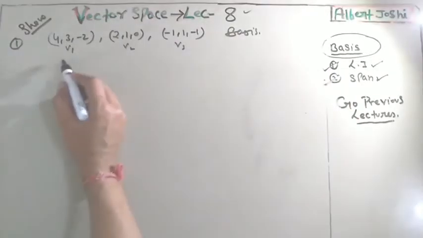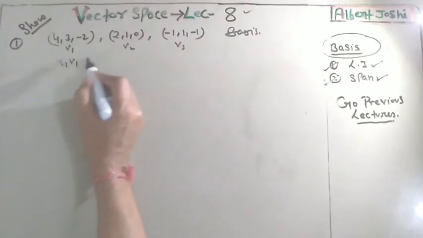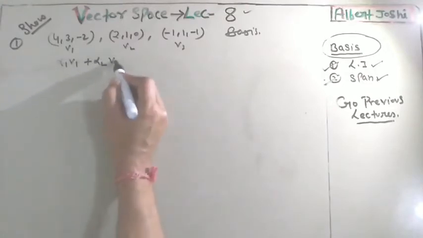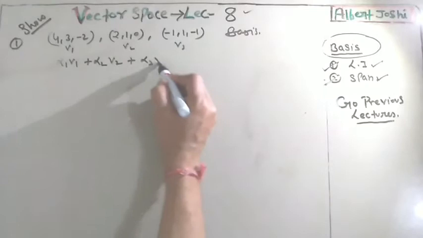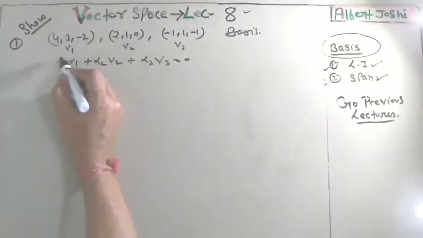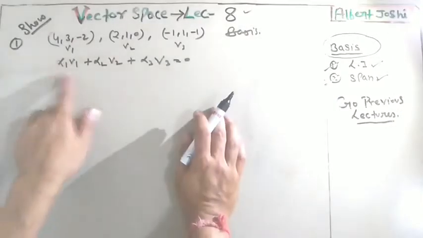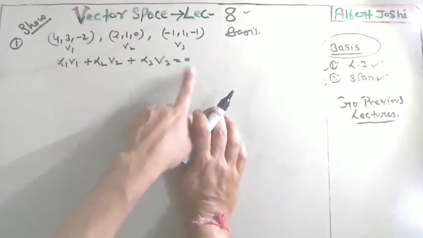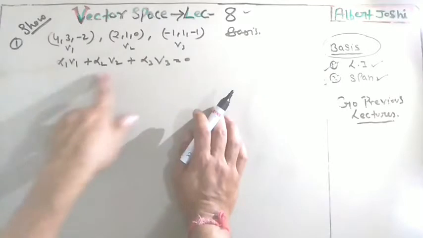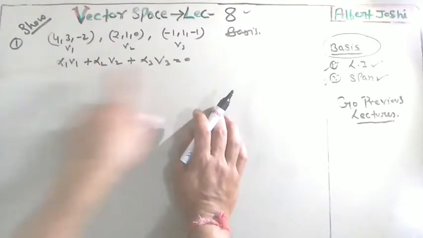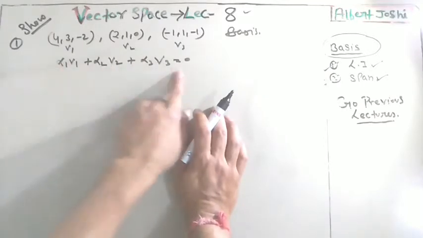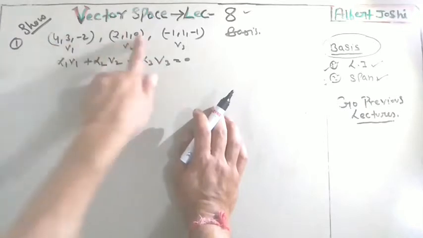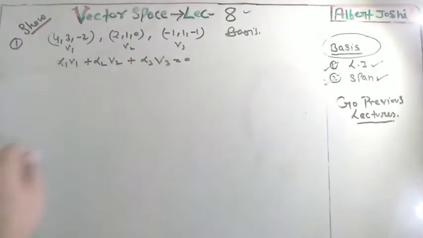For linear independence, you must have alpha 1 V1 plus alpha 2 V2 plus alpha 3 V3 equal to 0. So the linear combination of scalars and vectors is 0 only if all the scalars are 0. In the linear combination, if all the scalars are 0, then these vectors are linearly independent, okay.